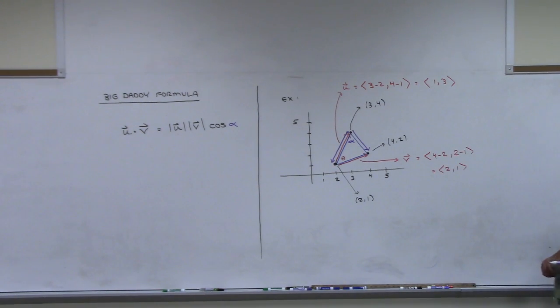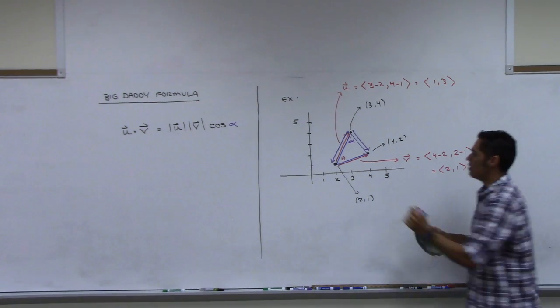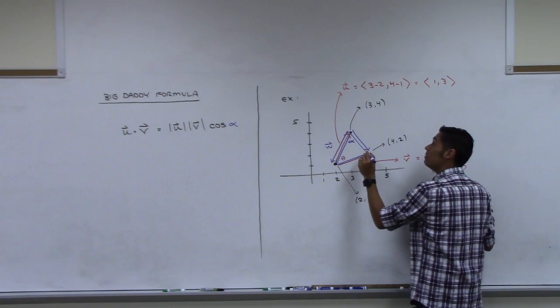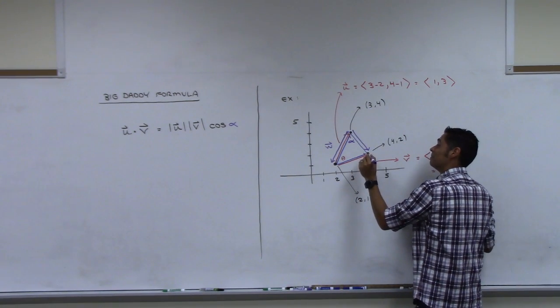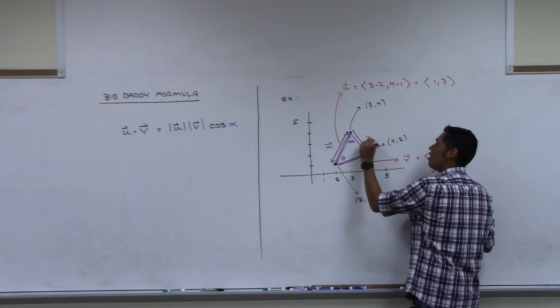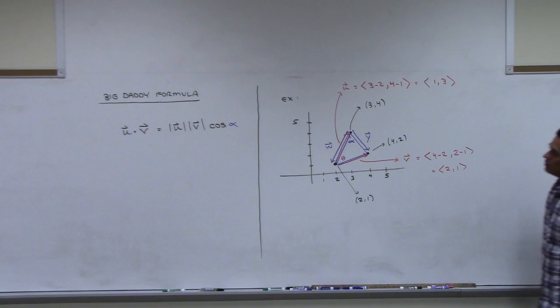Do you want to call them U and V again? Is that okay with you, or do you want to use different letters? Okay, so let's call this one W, and let's call this one Y. I don't care, as long as you put the vector on it.